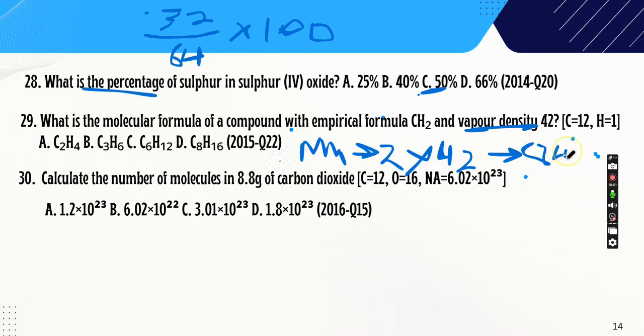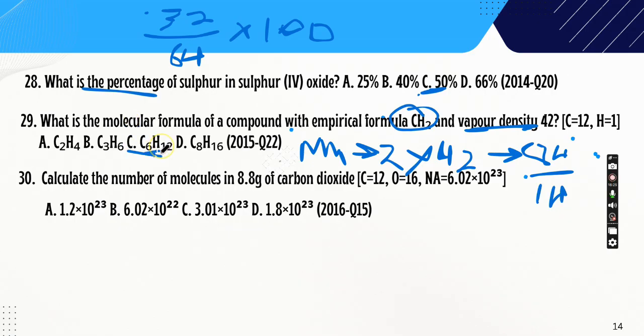To get the number of n now, we are going to divide this 84 by the empirical mass, which is 12 plus 2, 14. That's 84 over 14. That's 6. So it's that 6 we are going to use to multiply this empirical formula. That is C6H12.